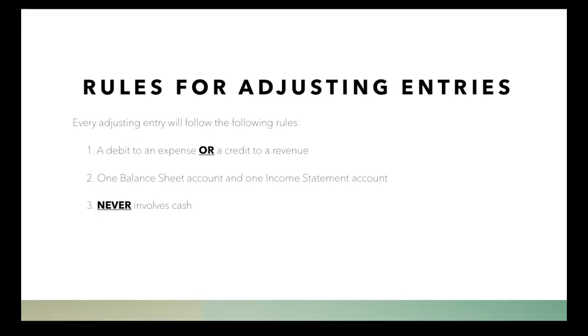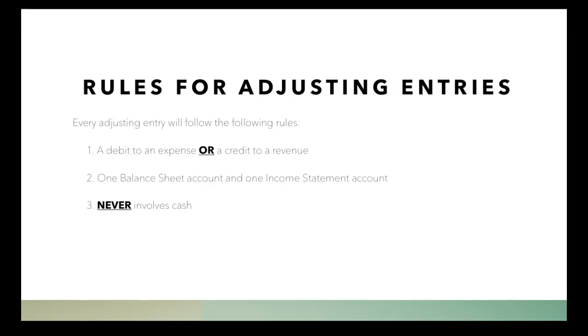Then the third one, we never involve cash in our adjusting entries. So a few different reasons here. First, these adjusting entries are not for transactions per se, right? These are to adjust balances.